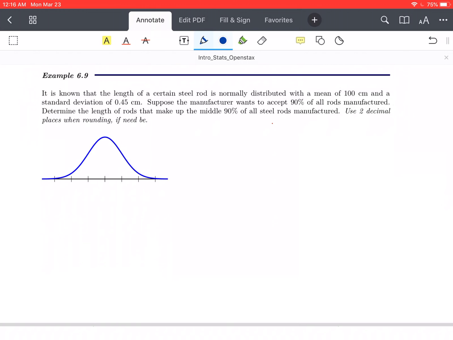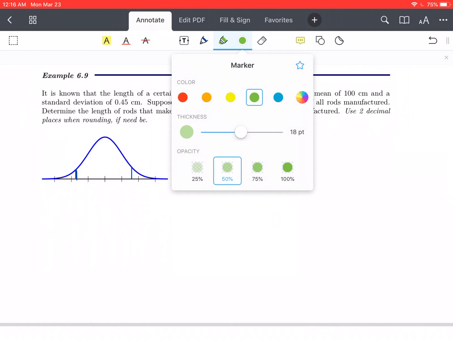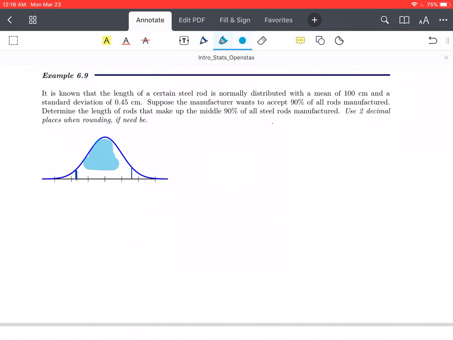So we want to figure out where the middle 90% is of all of this data. So we're going to get the middle right there. This whole portion inside, that's our middle 90%. As a decimal, this is 0.90.